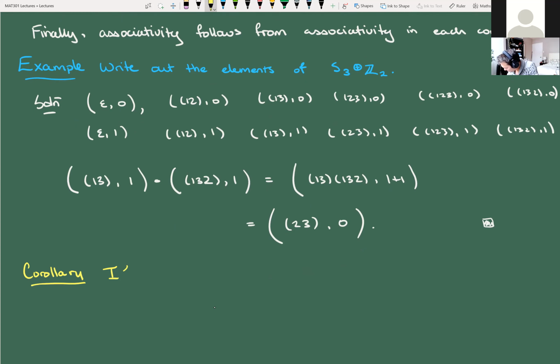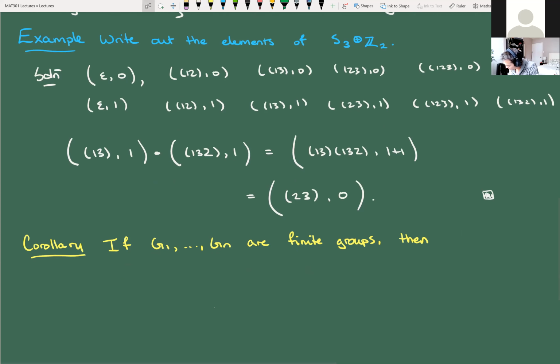So if G1 through Gn are finite groups, then the order of their direct product is the product of their orders. Right? And the proof of this is trivial.